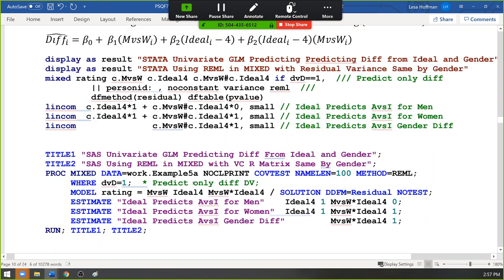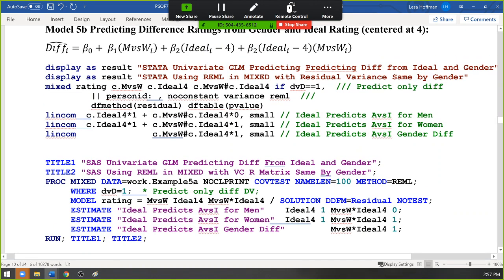So what are we potentially missing in treating actual and or ideal as predictors? We don't get to know if there are gender differences in them. So this is a situation in which, if you wanted gender to predict actual and actual to predict the difference, something like that, you can't do that within this framework.